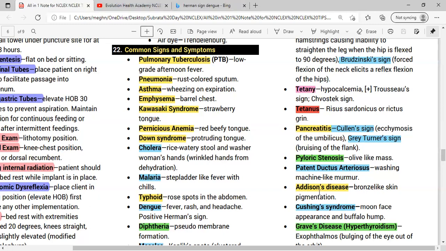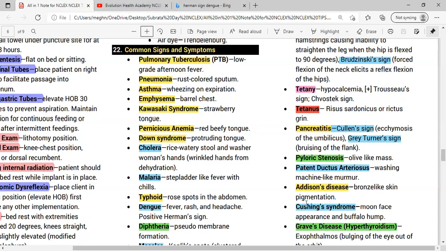In Addison disease, there is skin pigmentation. Everything is down: hormone secretion from the adrenal gland, steroid secretion, should be down.